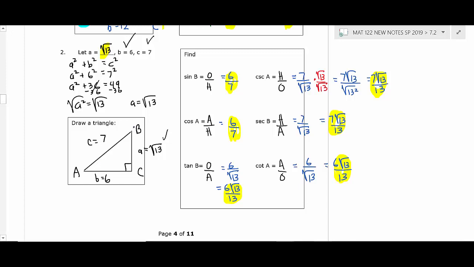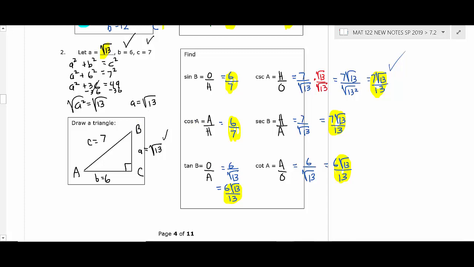Now let me go over what you should have done on this. The sine of B is opposite over hypotenuse, so that would be 6 over 7. The cosecant of A is hypotenuse over opposite. Looking at angle A, hypotenuse over opposite would be 7 over root 3. Notice I rationalized the denominator, and I would be looking to see that you rationalize the denominator.